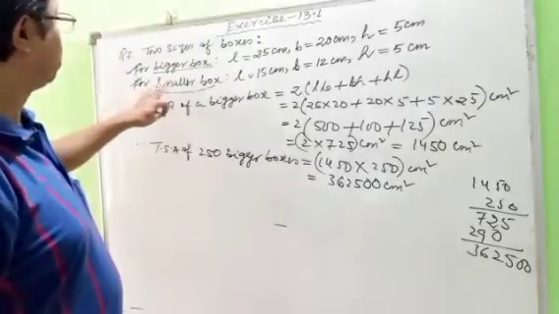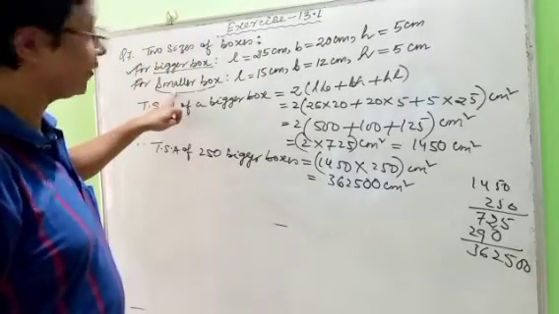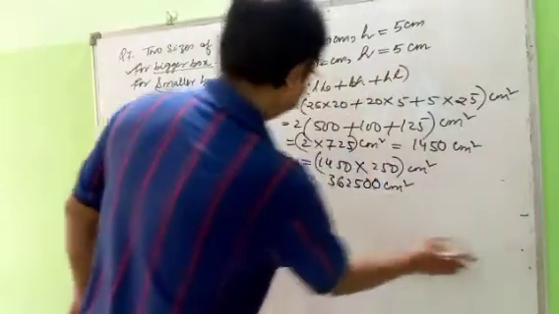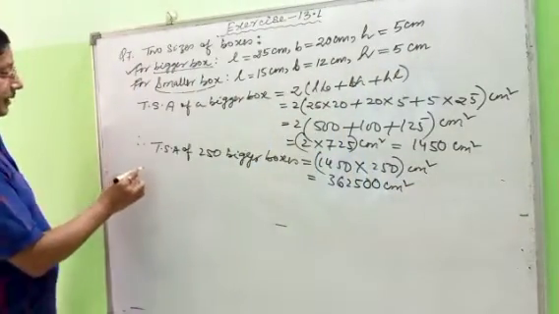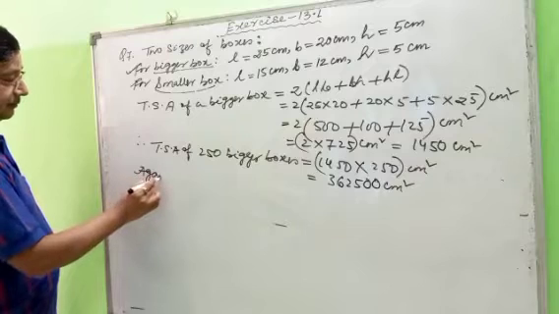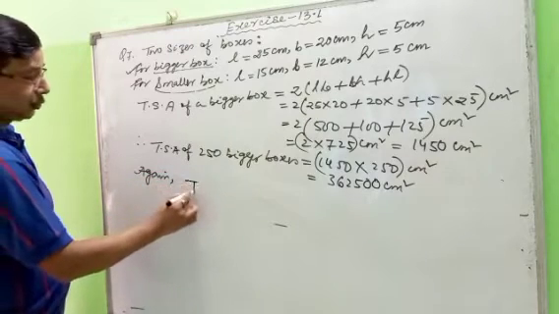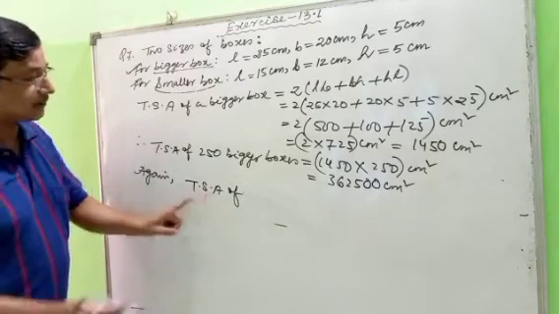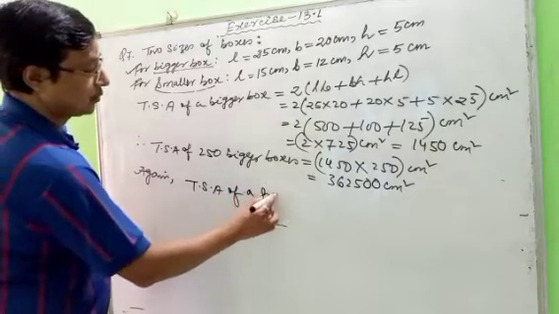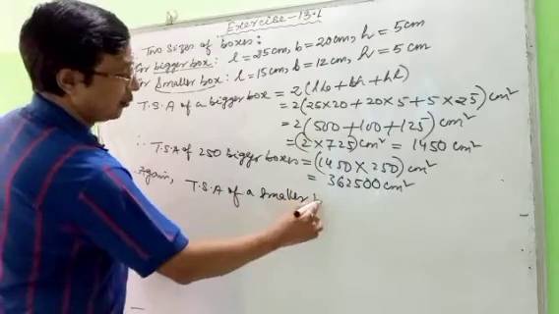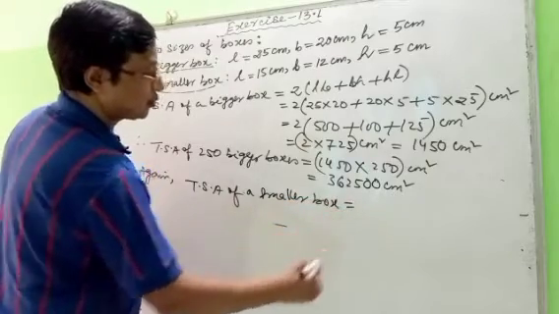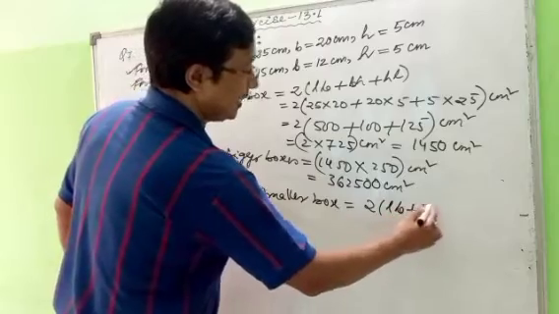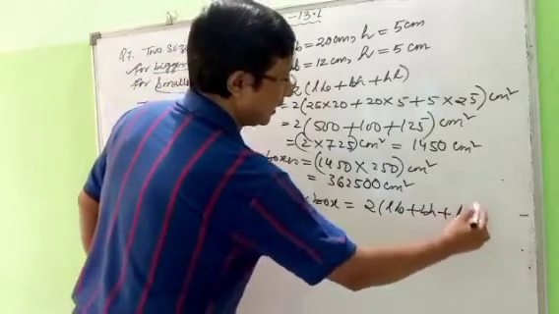Now you will do the same thing for the smaller box. Total surface area of a smaller box equals, the same formula, twice of LB plus BH plus HL.